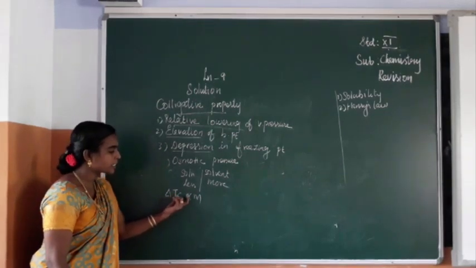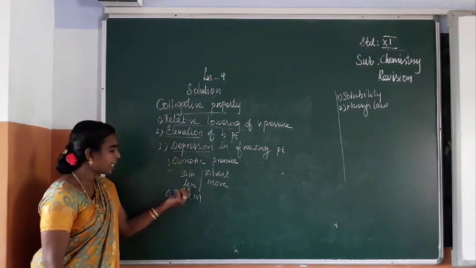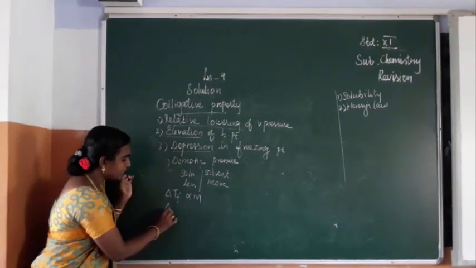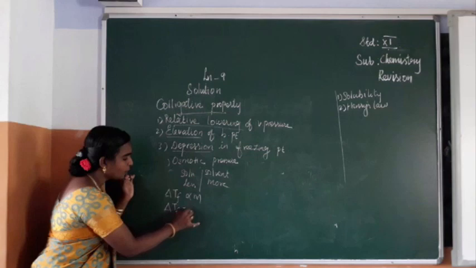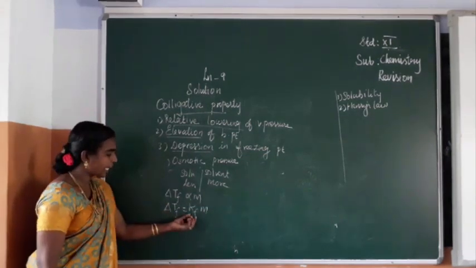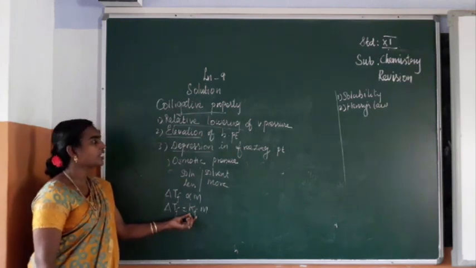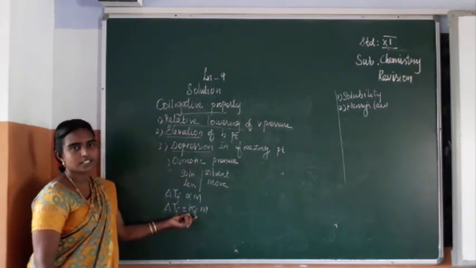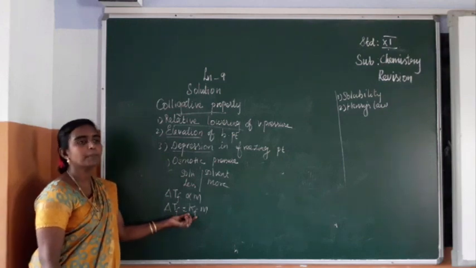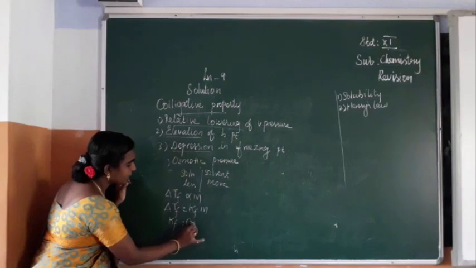To change this proportionality sign, I am going to introduce a constant, that is Kf. Delta Tf is equal to Kf into m. So what is Kf? That is called the cryoscopic constant or freezing point depression constant, Kf.